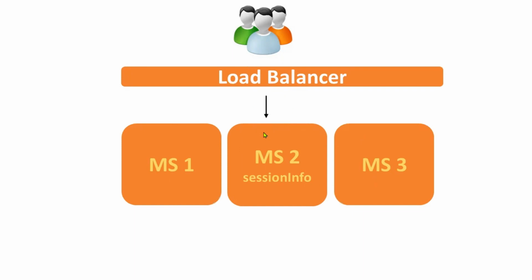When the user is requesting, all the user info will be saved in a microservice, right? It can be session info or user info, something like that. Okay, so what happens if the session info is saved within microservice 2, and what will happen if this microservice goes down? What will happen?